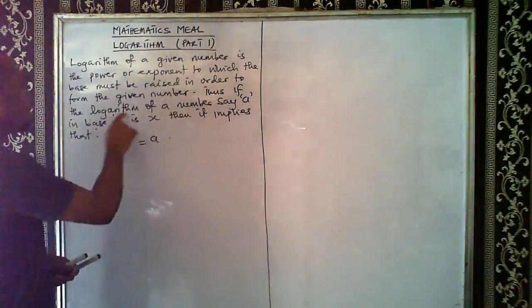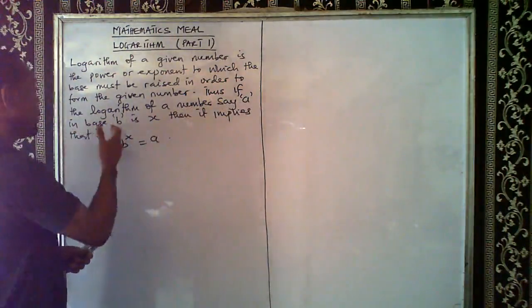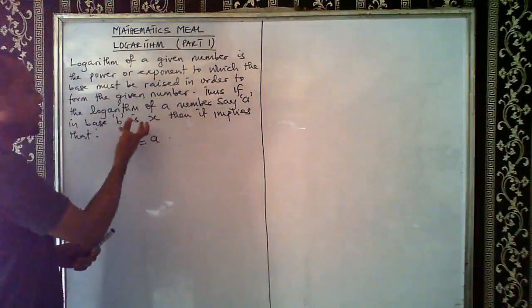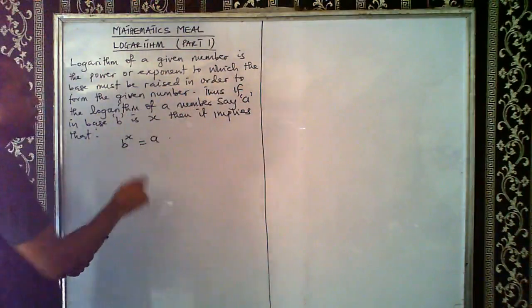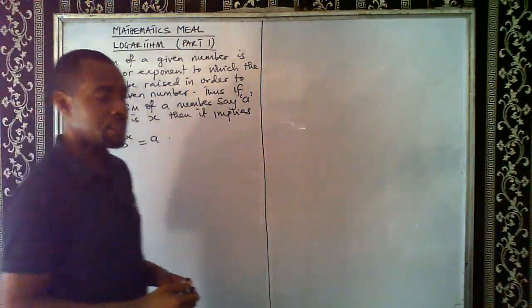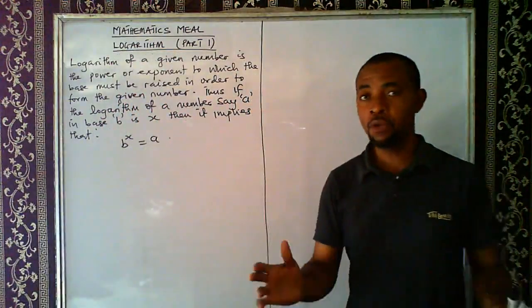Thus, if the number is a, and the base of that logarithm is b, and the logarithm of a in base b is x, it means that b raised to power x is equal to a. We'll go further to explain it.